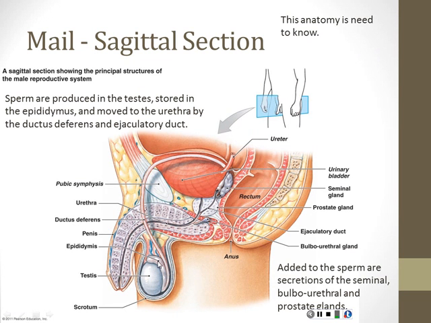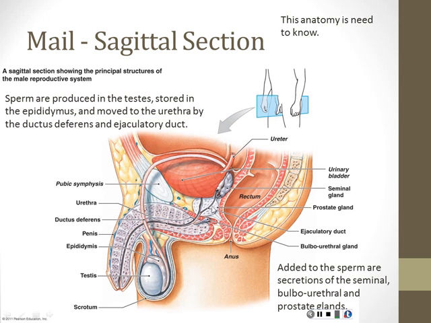Just behind the testes are the epididymis. We're going to talk about what those do in a minute. The epididymis is connected to the urethra by this long sweeping arc. That's the ductus deferens, which follows the spermatic cord up, which we'll see a better picture of in a minute. It comes around here, joins with the seminal vesicle, and then ultimately empties into the urethra here.